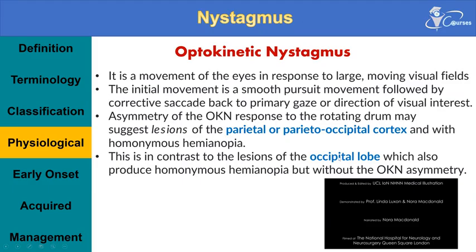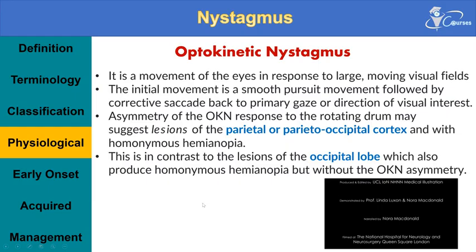Unlike if there is a lesion in the occipital lobe, it will cause homonymous hemianopia, but the optokinetic nystagmus will be symmetrical. Okay, easy. So remember, the optokinetic nystagmus will have a slow phase in the direction of movement of the drum and a rapid corrective phase against the direction of movement of the drum. So this is the optokinetic nystagmus.